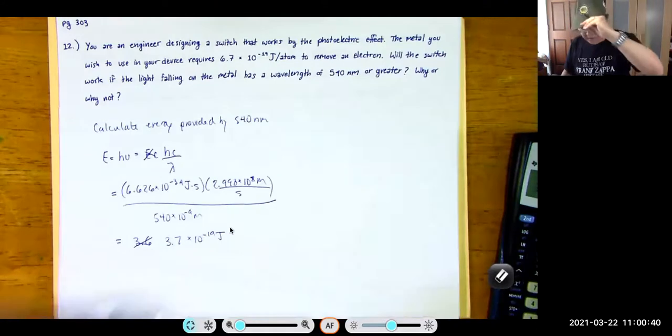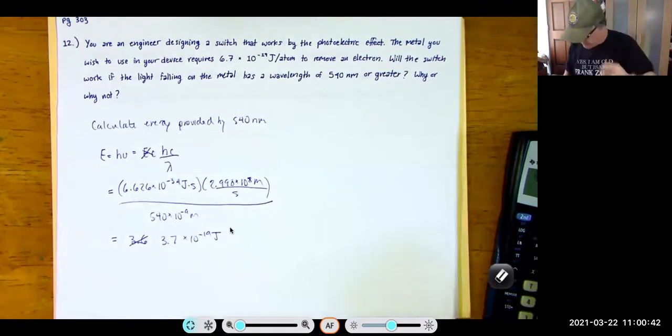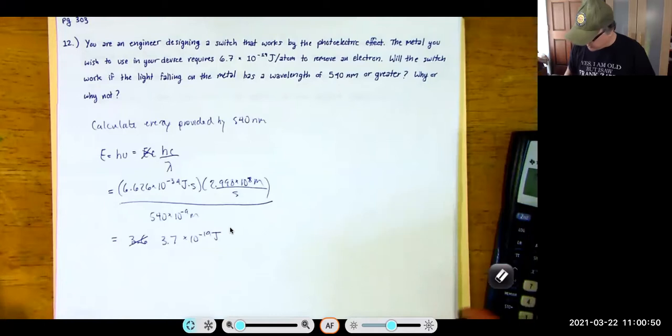Let me make sure I plug my numbers in correctly. 6.626, because I think we're getting the opposite answer. Or maybe I interpreted the information incorrectly before. 6.626 times 10 to the negative 34 times 2.998 times 10 to the 8 divided by 540 times 10 to the negative 9.